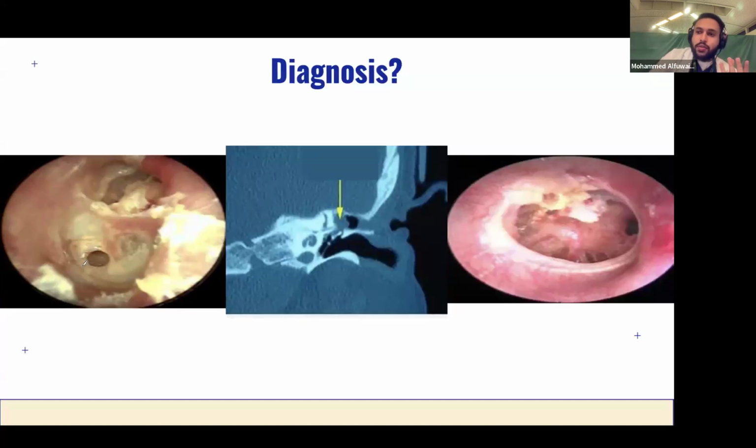Keyword is keratinized skin in an abnormal location, which is the middle ear. This is cholesteatoma. This is high yield. Cholesteatoma is keratinized skin in the wrong place. It's not cholesterol, it's skin.